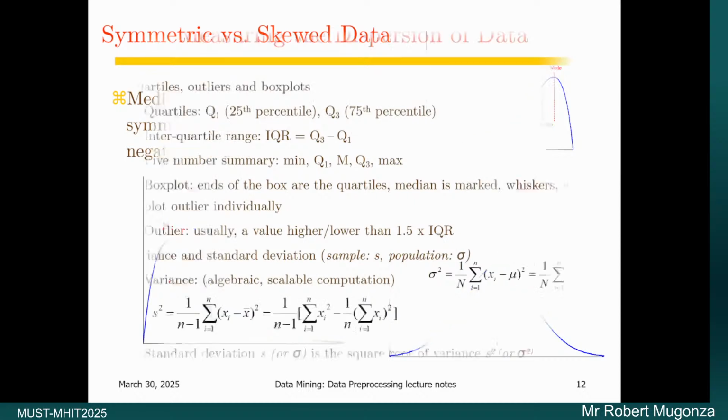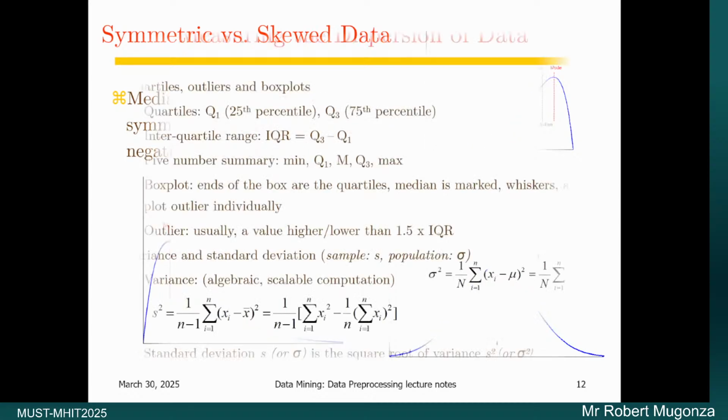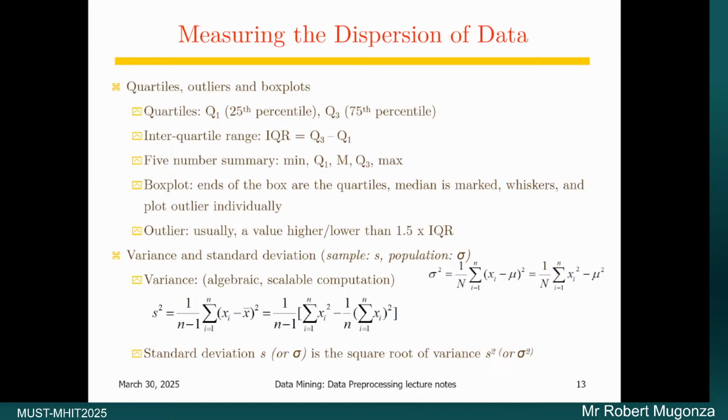The meaning is that we are trying to understand our data. If we do not have such things, then it becomes very hard to understand a data set that is presented before you.